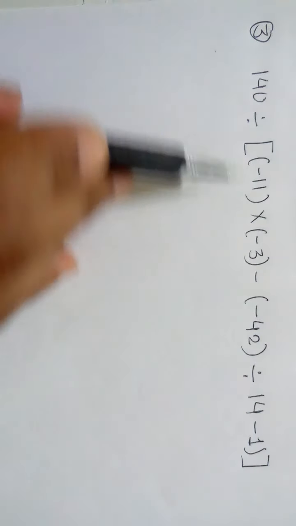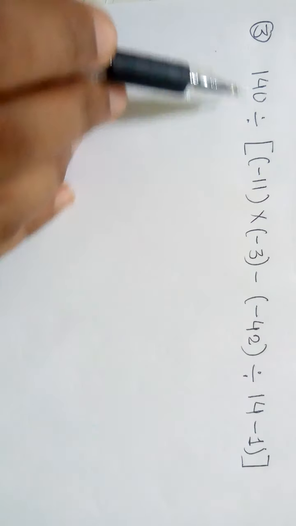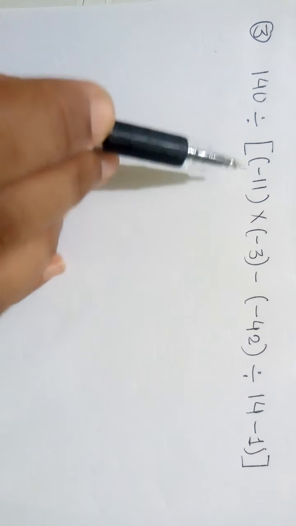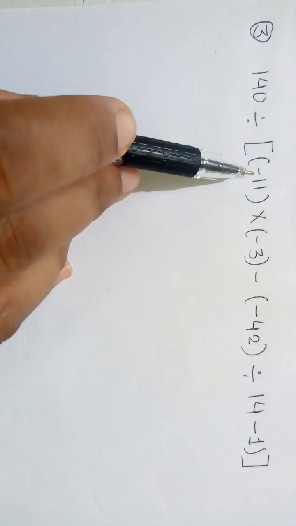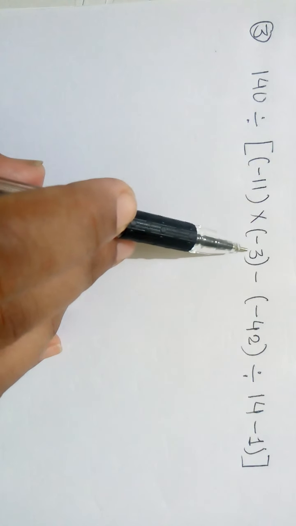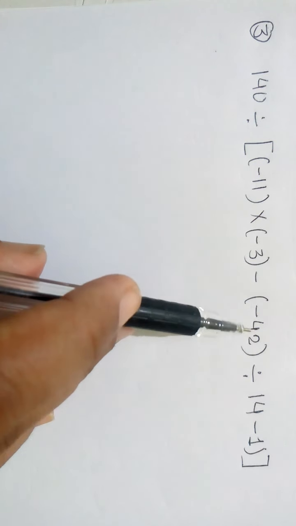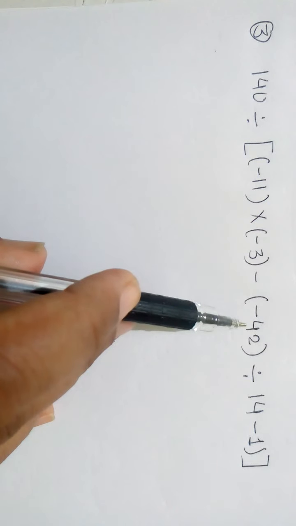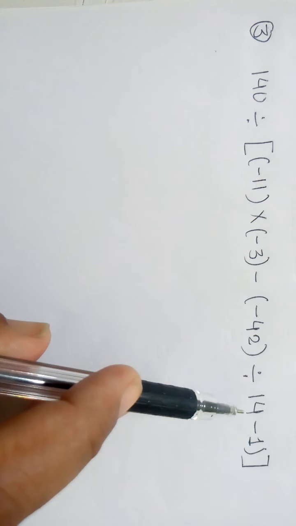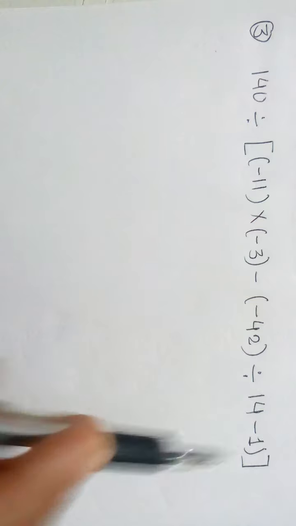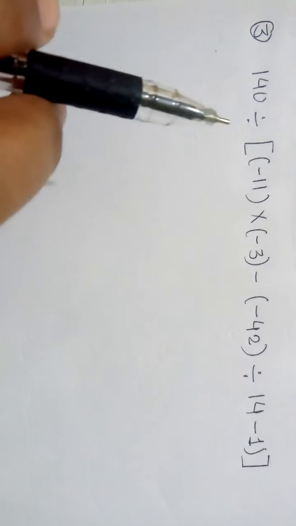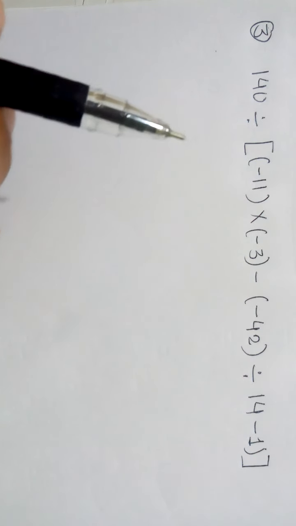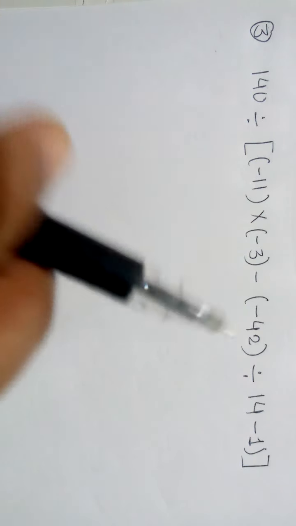Now see this third example, that is 140 divided by, now here it is a square bracket, negative 11 into negative 3 minus negative 42 divided by 14 minus 1. So what are our rules? From the left side, multiplication or division, whatever operation is first, that we have to do. Then addition and subtraction.